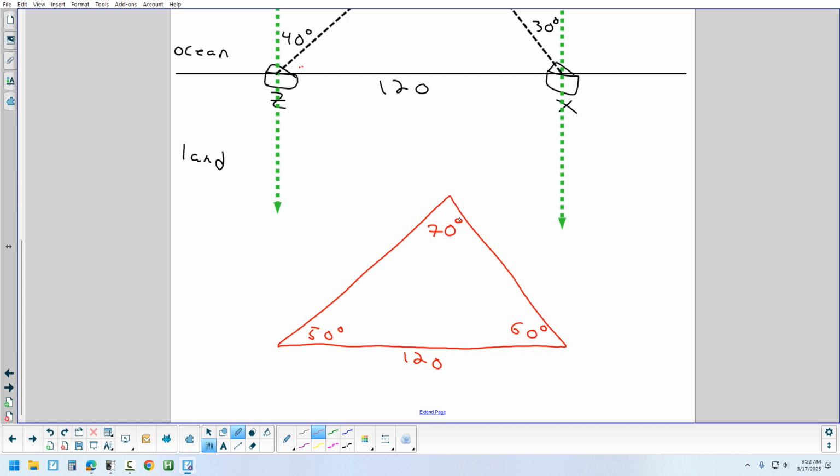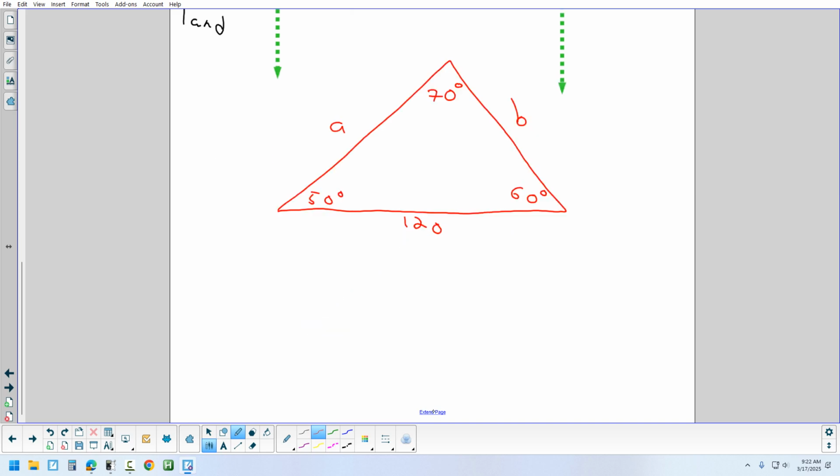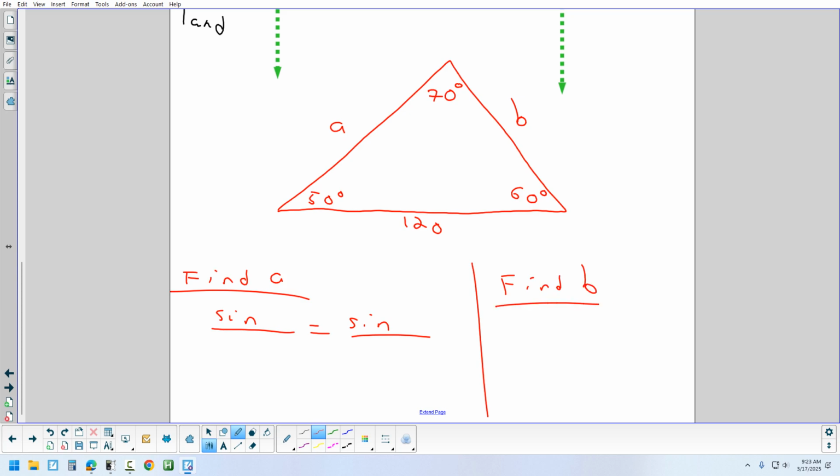Now call your 2 sides whatever you want, A and B. And now it just boils down to solving for A and B. That's the distance from the boat to each Coast Guard station. All right, let's do A first, and then we'll do B. What could I put on the left side of both of those proportions?